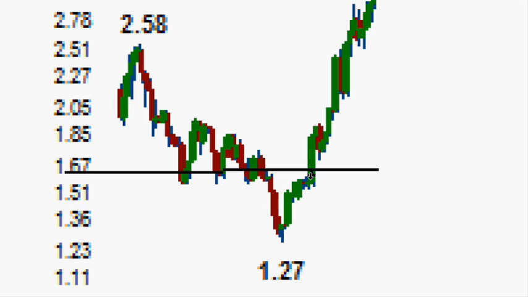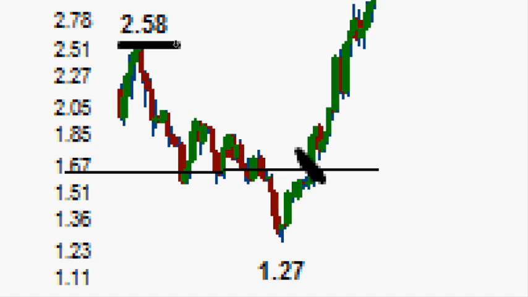Therefore, once it managed to get above this line, that meant that it was moving more towards a neutral state, because whenever you're below this level, that means you would be of a bearish mark. But what's more important is for a particular move to be a real move. That's from point A to point B, whether it's up or down, it doesn't matter.